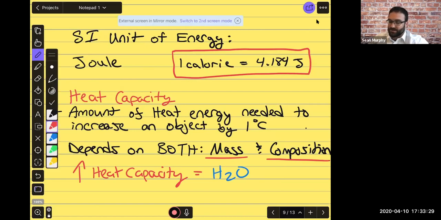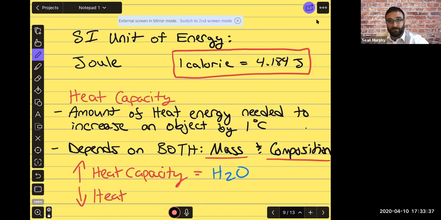What objects had a low heat capacity? If you have a low heat capacity, that means you absorb the heat and your temperature spikes. You are not very good at storing that heat.